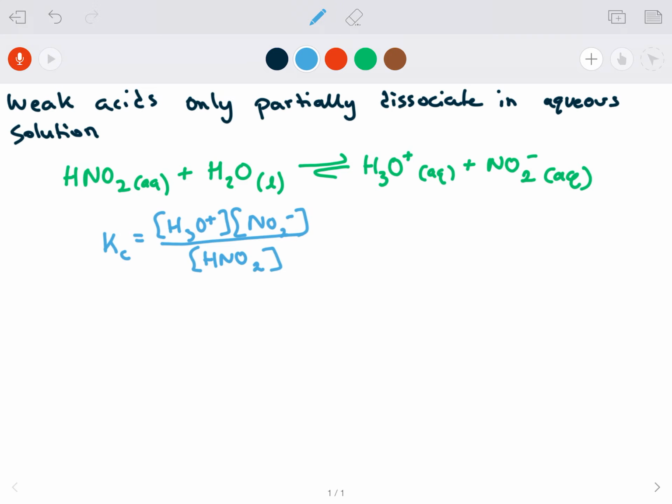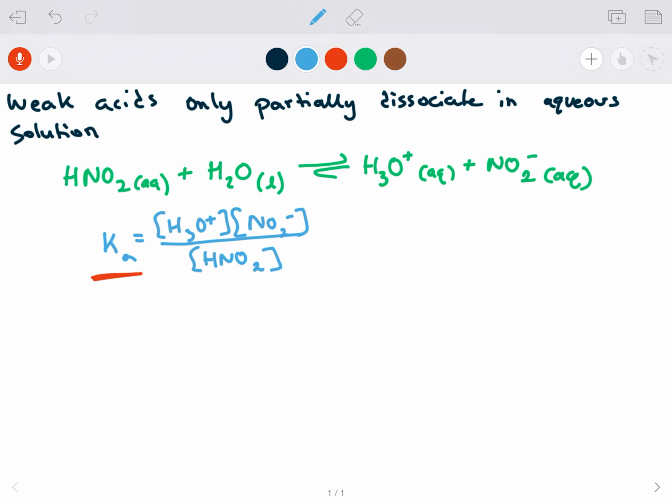That is our expression. Now, because we're talking specifically about the dissociation of a weak acid, we can change this from Kc to Ka. So Ka is the term we'll use for the equilibrium constant expression for a weak acid.